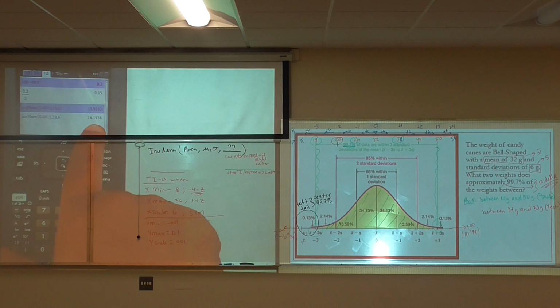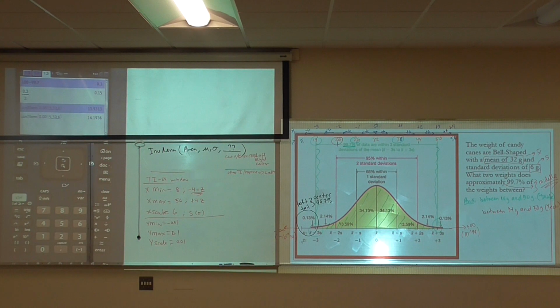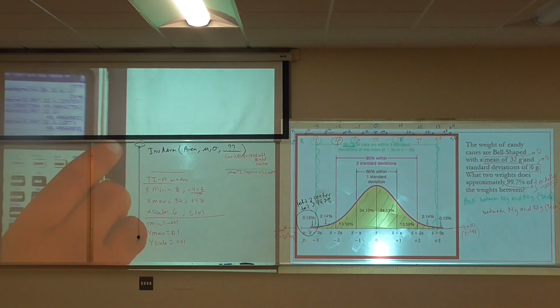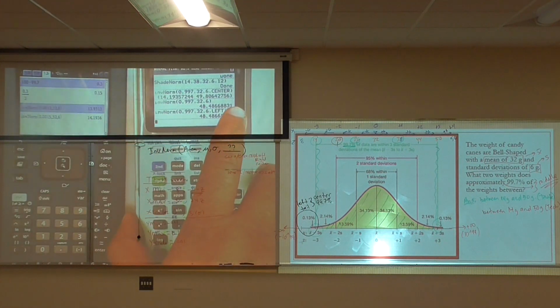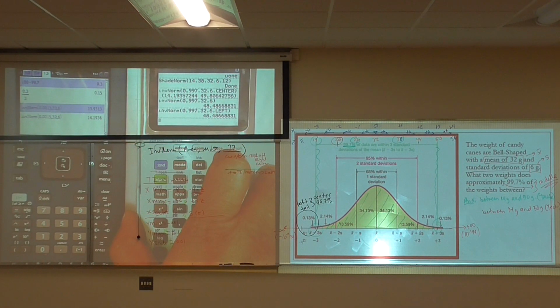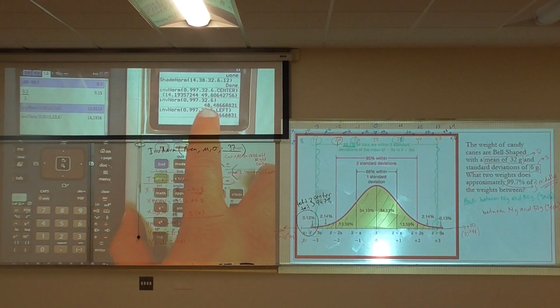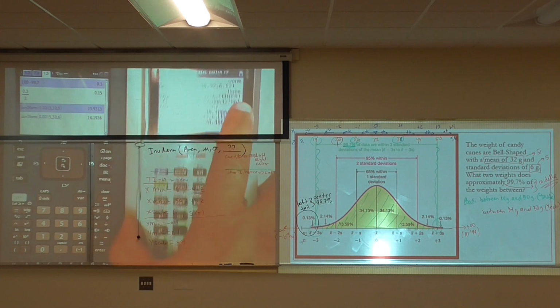Notice how it's going to give me the exact same answer that I got earlier. Interesting. What did I do wrong? I'm doing it wrong. Why did I use 13?